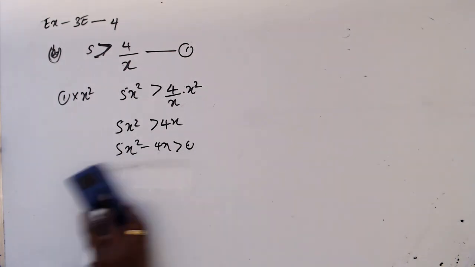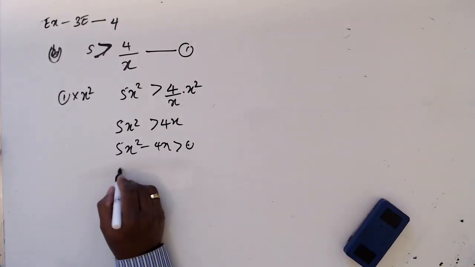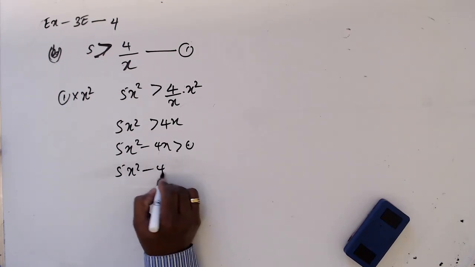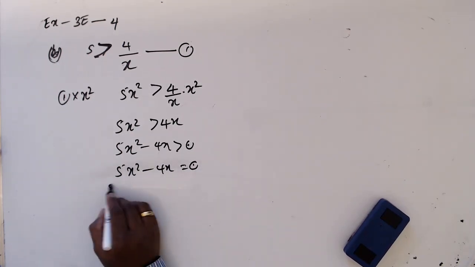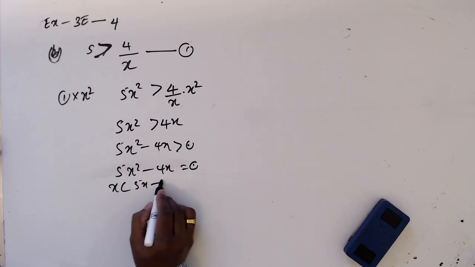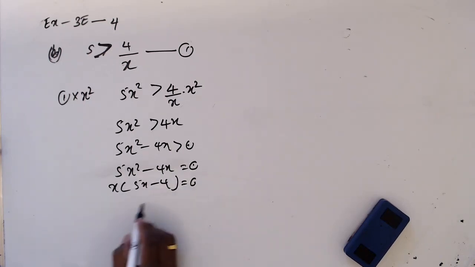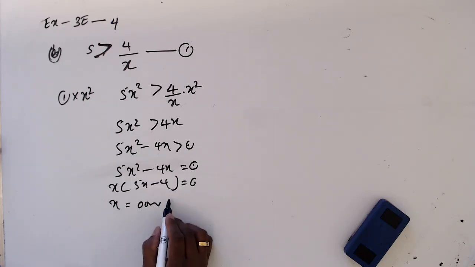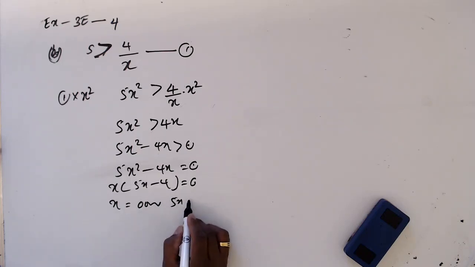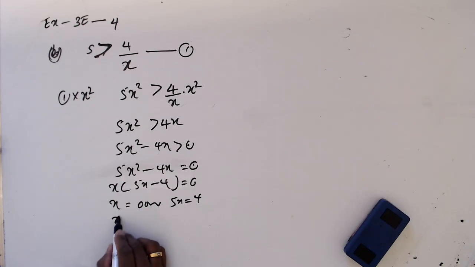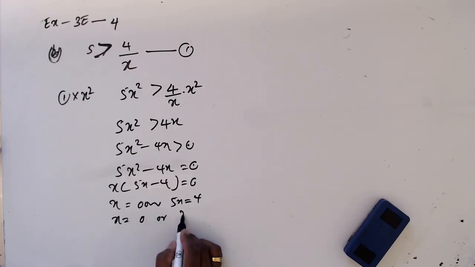Now I'm going to solve the equation 5x square minus 4x equals 0. x times 5x minus 4 equals 0. x equals 0 or 5x equals 4, x equals 4 over 5.